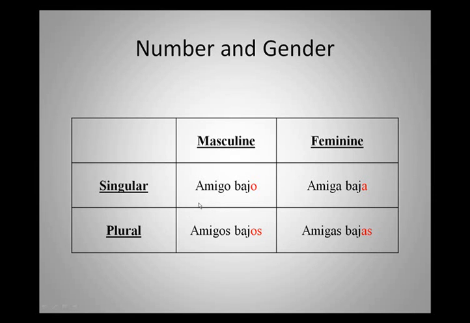So typically an adjective in Spanish is placed behind the noun that it modifies, amigo bajo, which is opposite of English. In English we put short friend. In Spanish we put friend short. And typically they're going to have 4 different endings for both masculine singular, feminine singular, masculine plural, feminine plural.